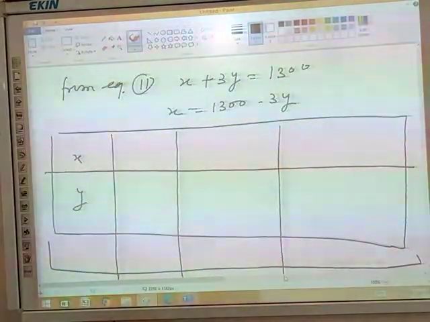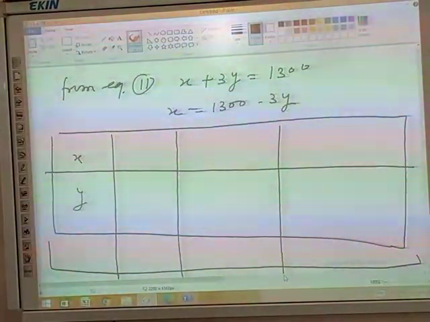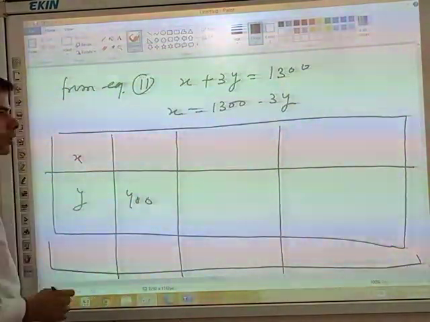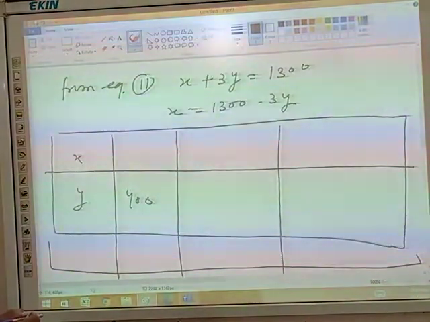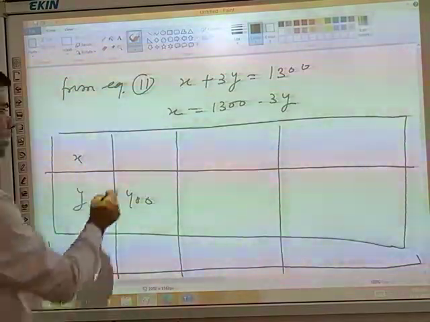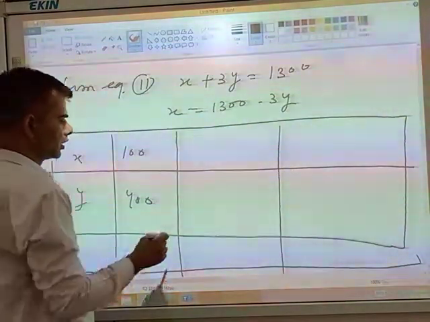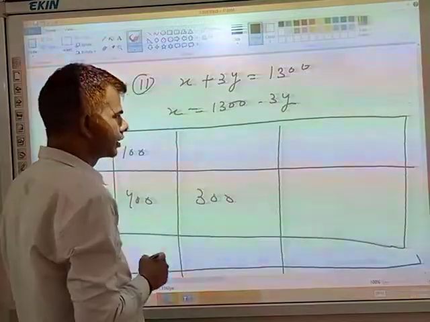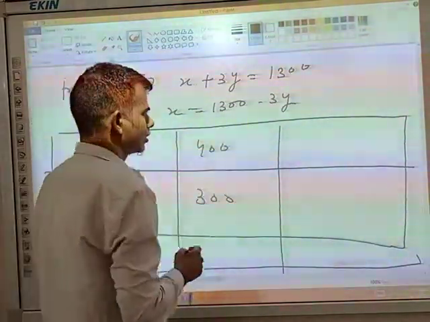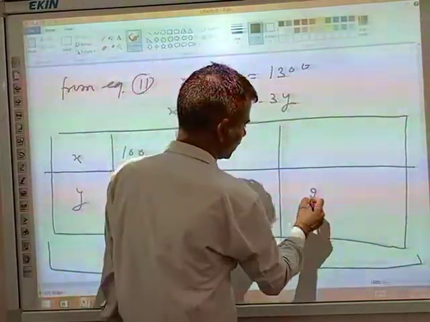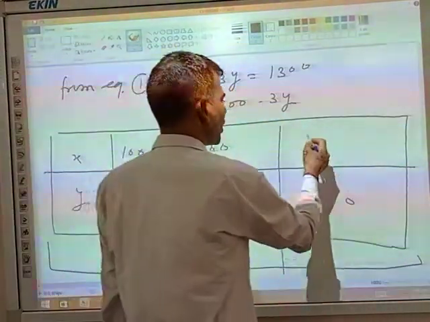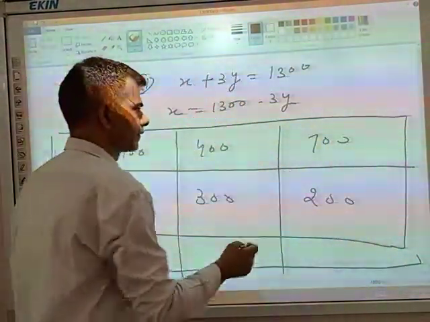We take the value of y as 400. 400 3s are 1200, 1300 minus 1200 is 100. Take y as 300. 300 3s are 900, so x is 400. Take y as 200. 200 3s are 600, so x is 700. Any doubt, any problems?